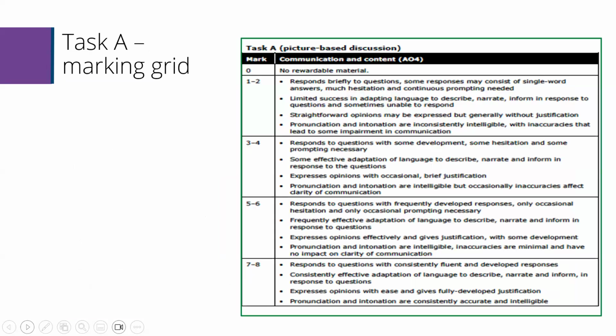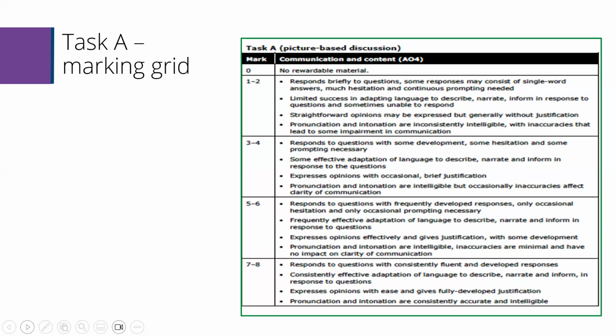Now, for task A then, the marking grid looks as follows. And for 7 to 8 marks, the candidate responds to questions with consistently fluent and developed responses. There's consistently effective adaptation of language to describe, narrate, and inform in response to the questions. And we're looking for those things. Describe what's in the picture, but narrate, what did the people do before, or what are they going to do afterwards?